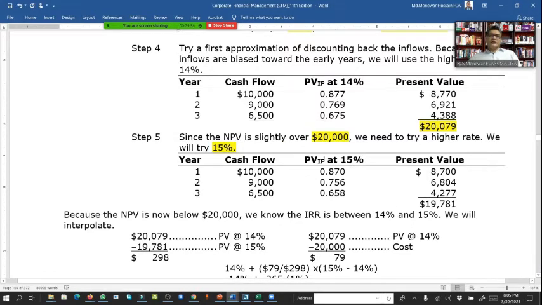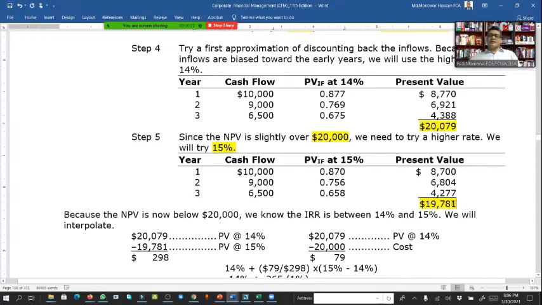At the rate of 15%, the PV factors are 0.870 for the first year, 0.756 for the second year, and 0.658 for the third year. If we multiply the cash flow by the PV factor at 15%, we get 8,700 in the first year. After calculating and adding the 3 years, we get 19,781.